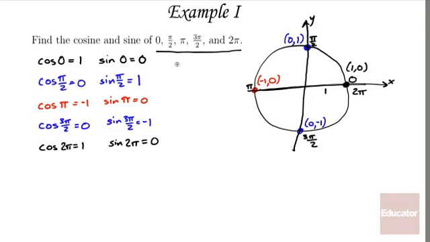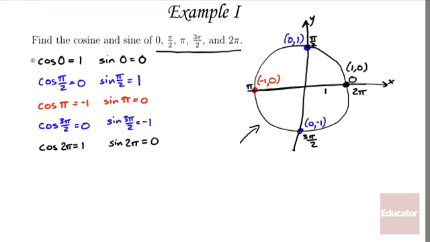If you ever forget them, though, if you can't quite remember what the cosine of pi over 2 or the sine of 3 pi over 2 is, then you just draw yourself a little unit circle and figure out what the x and y coordinates are, and you can always work them out. So it's worth memorizing them to know them quickly, but if you ever get stumped, just draw yourself a unit circle and you'll figure them out quickly.